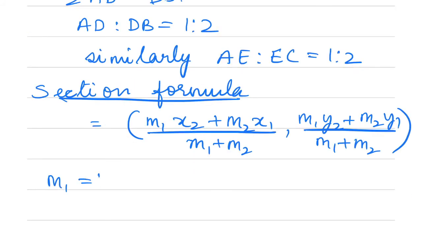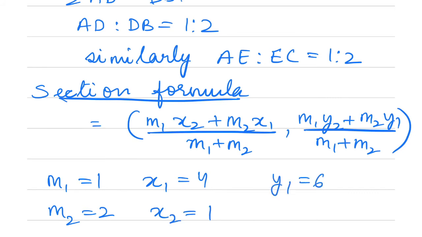Here m1 is equal to 1 and m2 is equal to 2, x1 is equal to 4, x2 is equal to 1, y1 is equal to 6 and y2 is equal to 5.